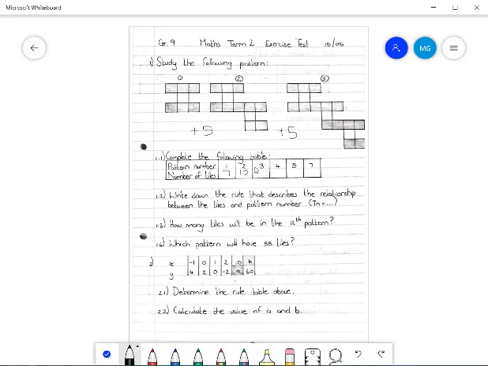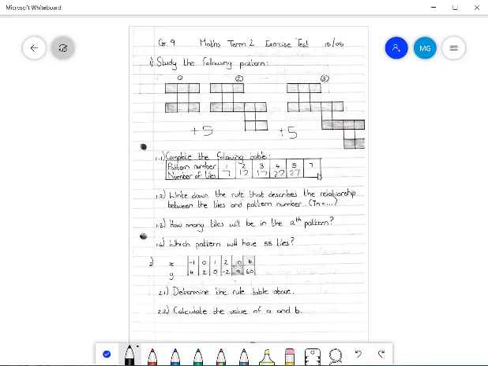At term 3, it's again just add 5 to the 12, that gives you 17. And then again just add 5, that gives you 22. And at pattern 5, just add 5 again, so that gives you 27.